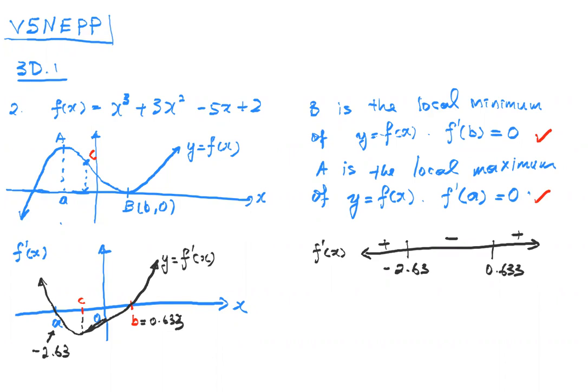Now, can you please find the coordinates of C? How to find the coordinates of this point? You can't get it from the fx graph. You only can get it from the f prime x graph. Second trace. What are you supposed to do now?